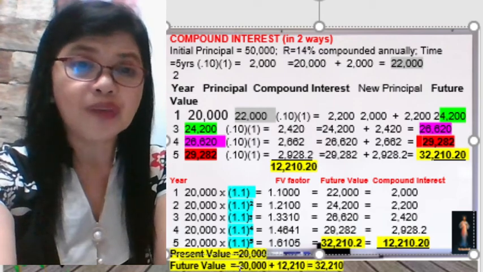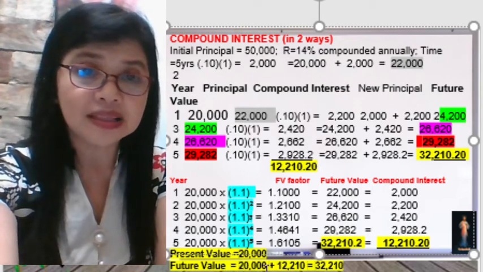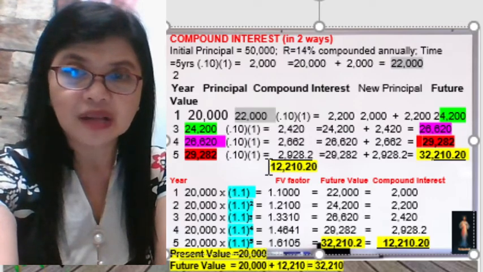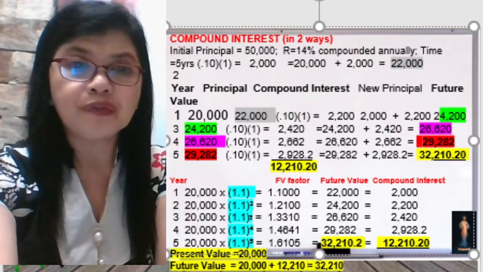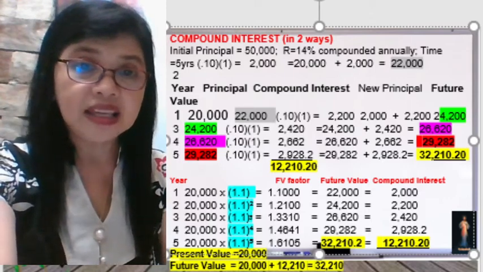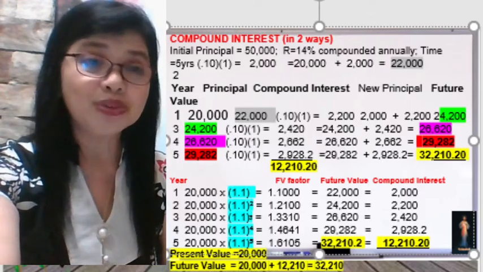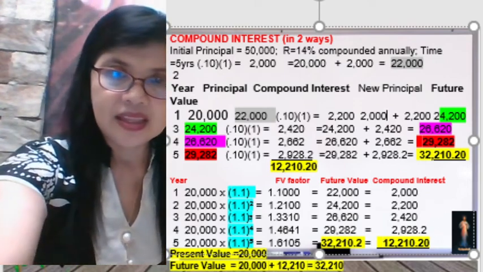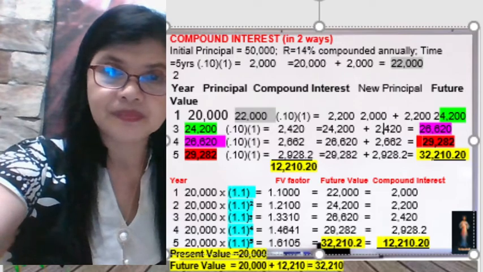Then the future value is the principal of 20,000 plus the interest earned of 12,210. So your future value of the 20,000 you invested today is how much? 32,210. Very good.